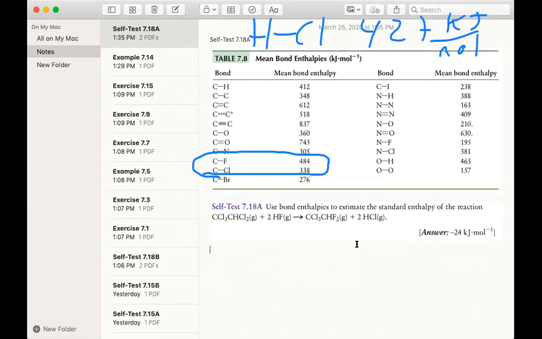And then what's the HF bond enthalpy? HF bond enthalpy. HF, okay, it's right there. HF is, whoa, 565 kilojoules per mole.